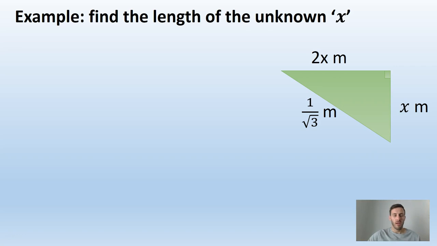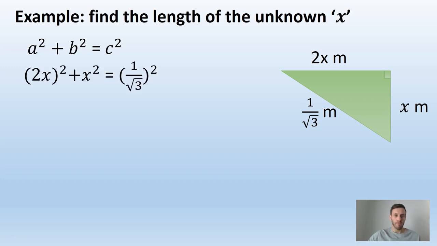Now we have one side represented as x and the other side represented as 2x. That's okay, so let's work through it. a squared plus b squared equals c squared, and we replace our numbers. So we have in brackets 2x squared, because we need to square the entire thing.